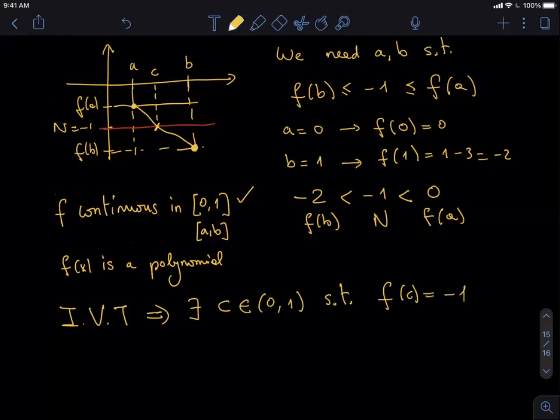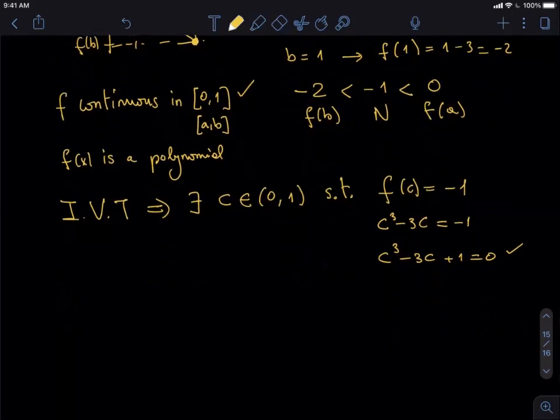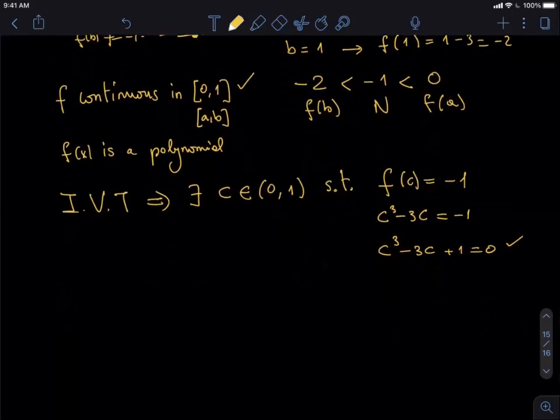That means that c to the power 3 minus 3c equals -1. That means that c is a root of the original cubic equation of degree 3. So we know there is a root in the interval 0, 1.